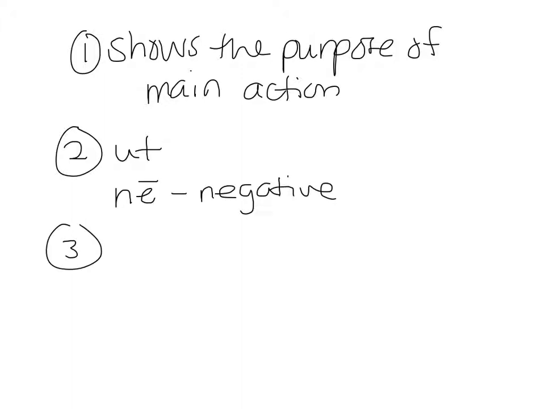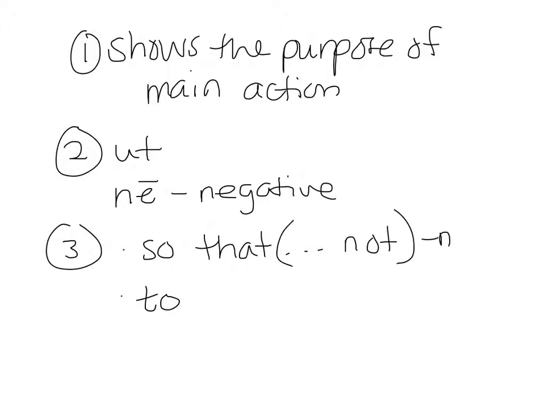And for translation, we'll say so that not, or if it's positive, you can say to, so that. We can also say in order to, and those will pretty much work us through most of these situations. So that's a purpose clause.